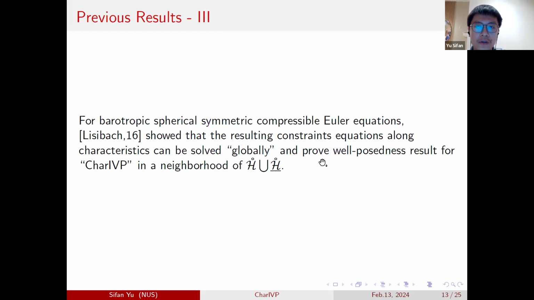Then he proved the local well-posedness result in a neighborhood of the initial hypersurfaces. So what Lisabach tells us is the initial data cannot exist alone.